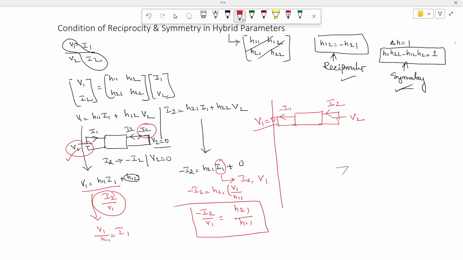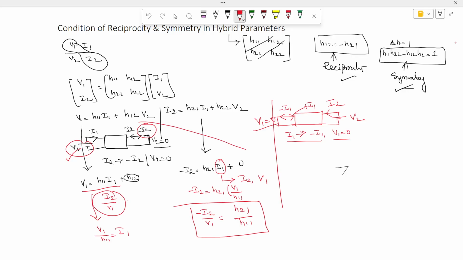Actually I1 is assumed to flow in this direction, which is plus I1, but now it is flowing opposite to this one. So instead of I1 you write minus I1 and make V1 equal to 0. Then these are the equations we have.